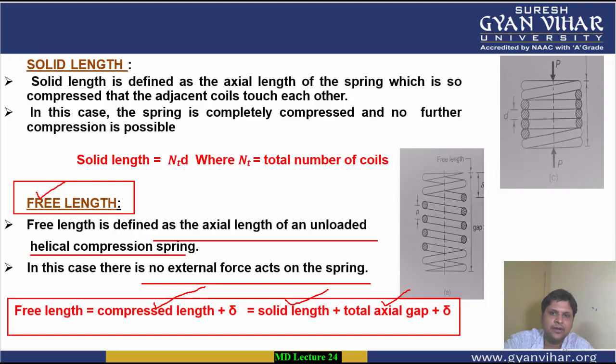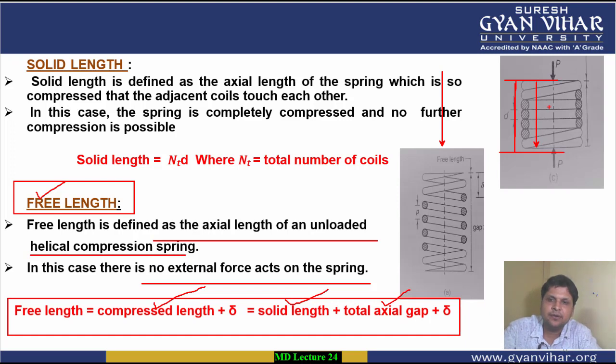So let's understand these. Solid length: when you apply a load on a spring in such a way that all the adjacent coils of the spring touch each other, you are applying such a high load that all the adjacent coils are touching each other, students, then that case is known as the case of the solid length. It means the axial length at that time, the distance from one extreme end of the spring to the other extreme end along the axial direction, will give you the value of the solid length.